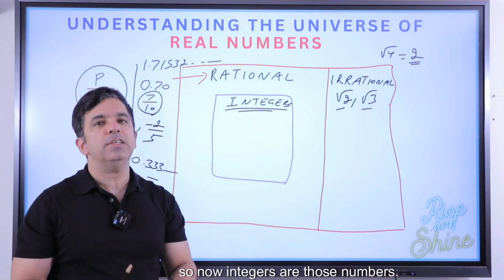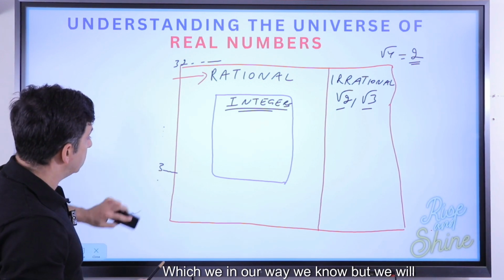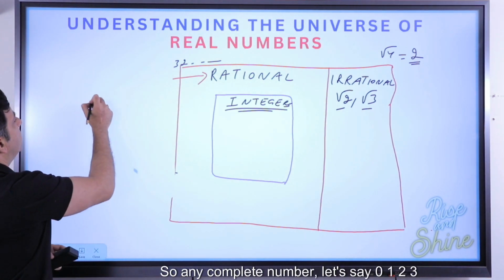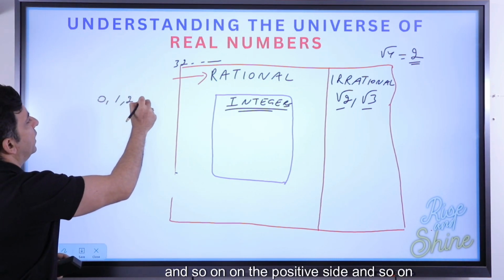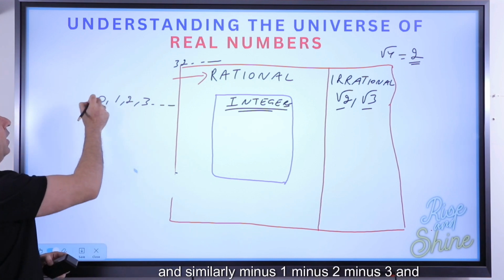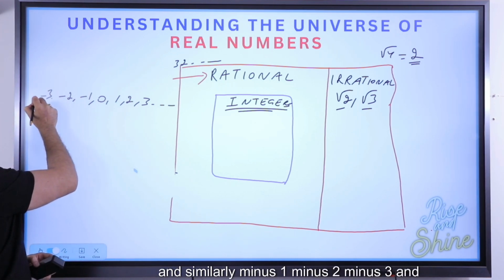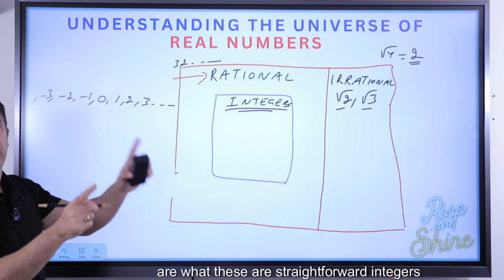Now integers are those numbers which we in a way know, but we'll just look at them once again. So any complete number, let's say 0, 1, 2, 3 and so on the positive side, and similarly -1, -2, -3 and so on the negative side. So all these are straightforward integers.